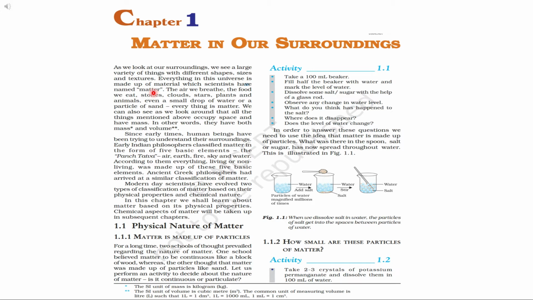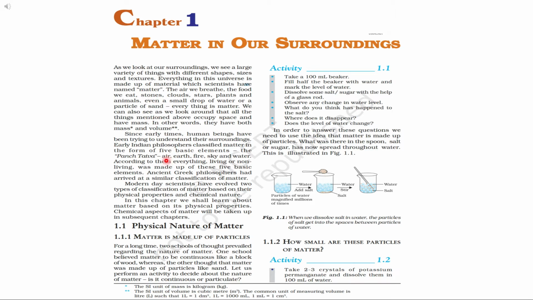Does all matter look different? So what distinguishes matter? In this lesson, we are going to learn in detail about this. Since early times, human beings have been trying to understand their surroundings. So the composition of matter in ancient times, according to researchers: early Indian philosophers classified matter in the form of 5 basic elements, that is Panch Tattva.